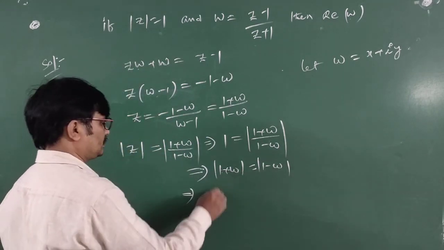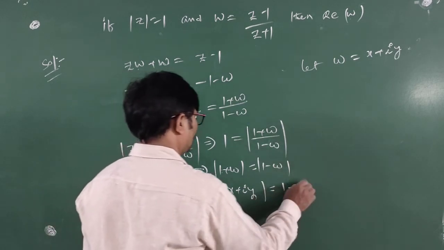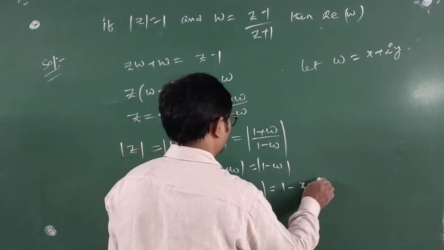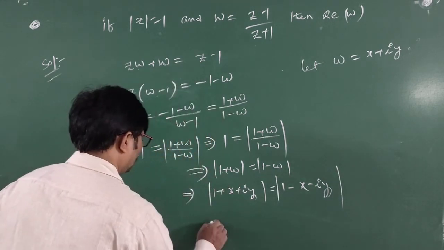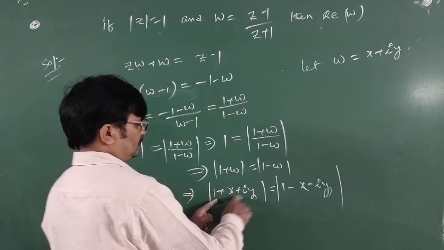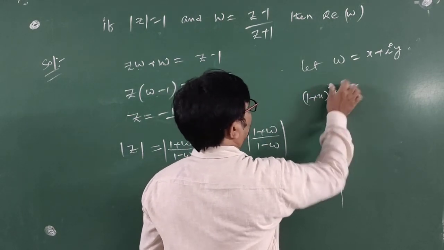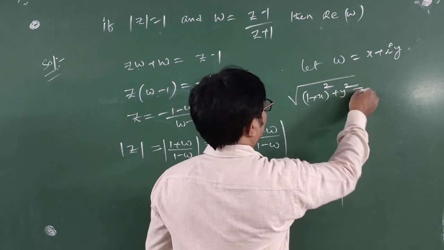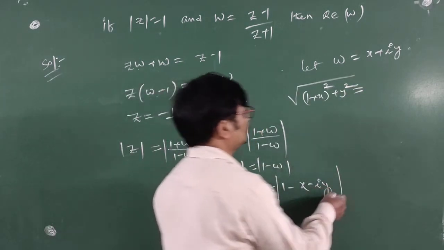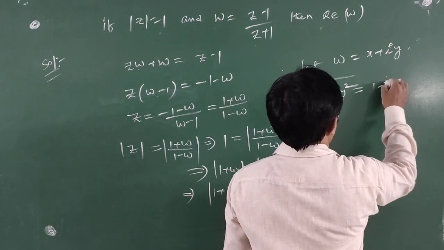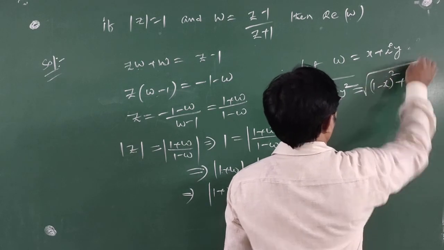Then the modulus is square root of 1 plus x whole square plus y square, equal to square root of 1 minus x whole square plus y square.